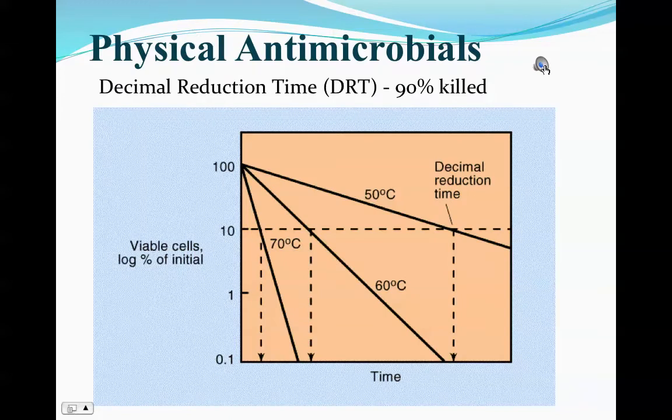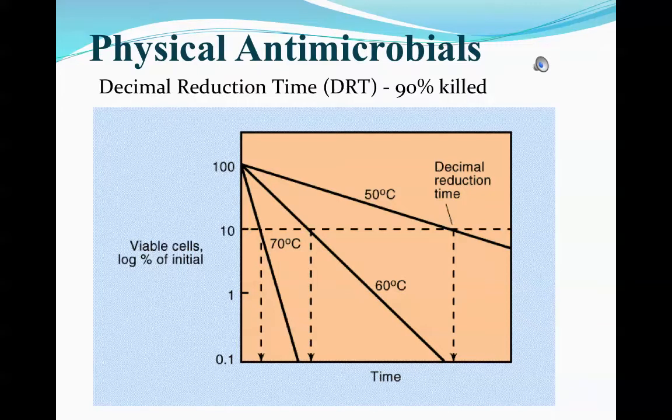The DRT, or decimal reduction time, is not looking for 100% killing. Instead, we're looking to reduce the population of our 24-hour bacterial culture to 90% reduction of viable cells. Typically, if we can reduce the number of viable cells significantly to 90% of what we originally started with, then it's not too difficult to eliminate the remaining 10%.